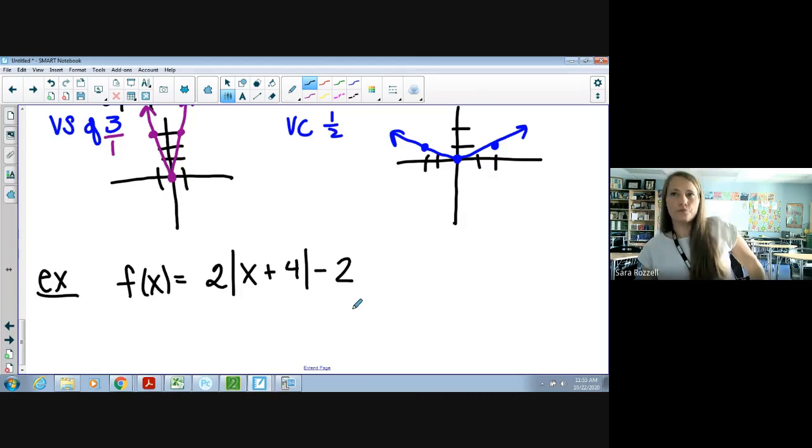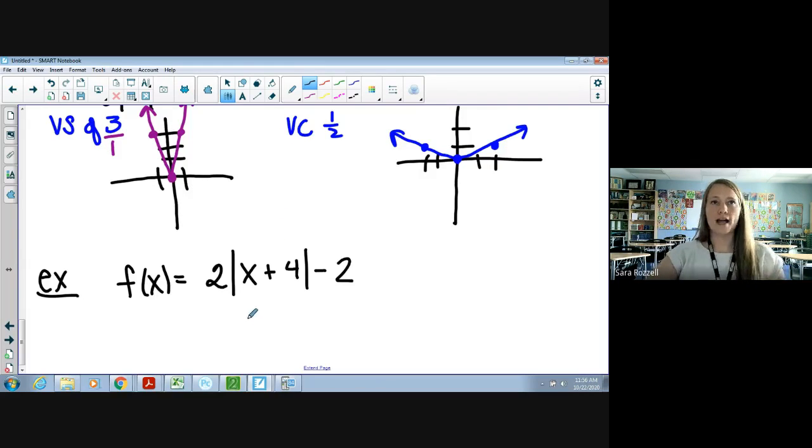So we have 2 times the absolute value of x plus 4, minus 2. So I like to go all the way across and just write down what all's happening before I start to graph it. What is a 2 in the front? What is this going to be?